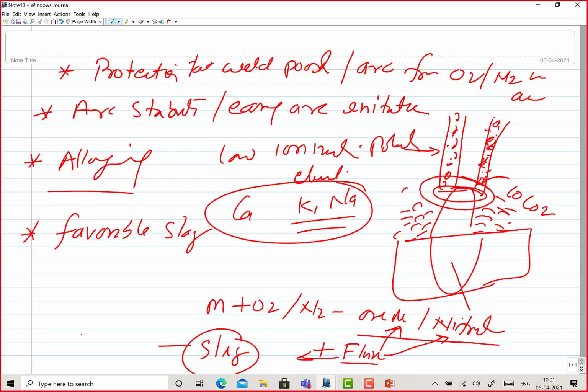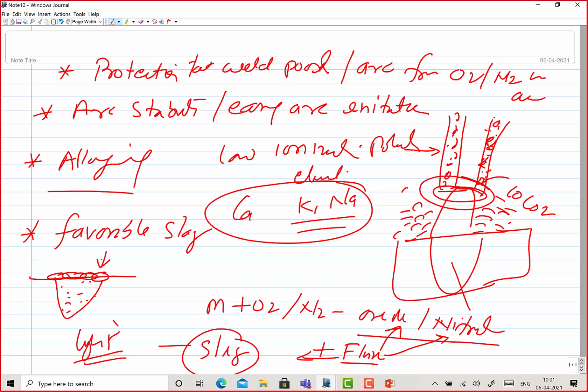This slag must be light, low in density, so that whenever the slag is formed, it is lighter than the molten metal, so that it can come up to the surface by the buoyancy force and start floating over the surface.